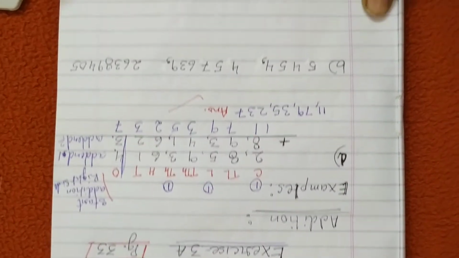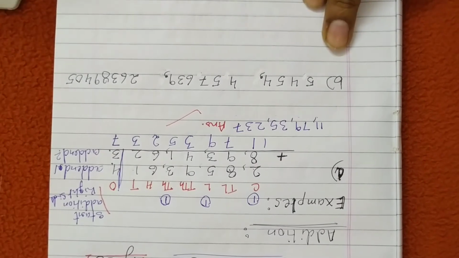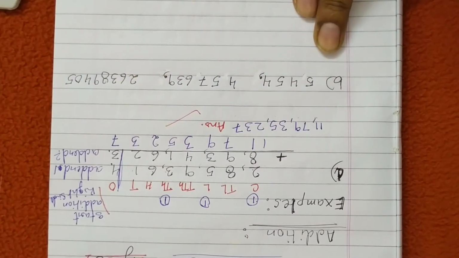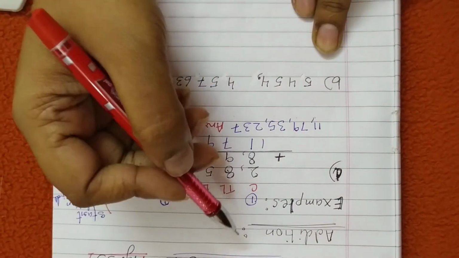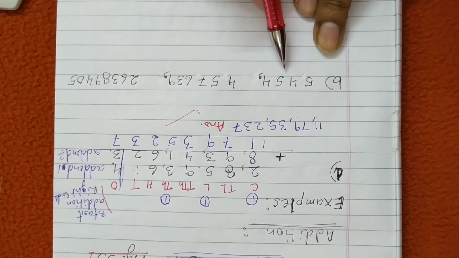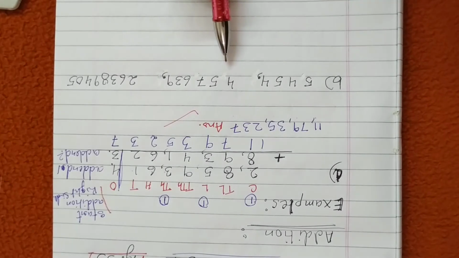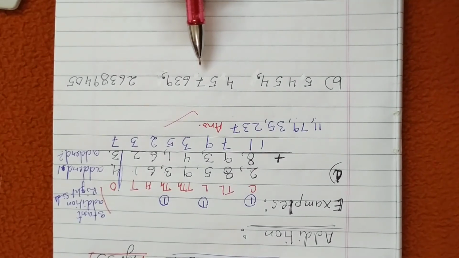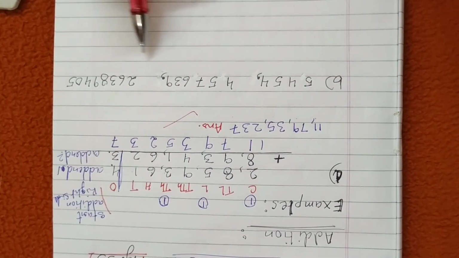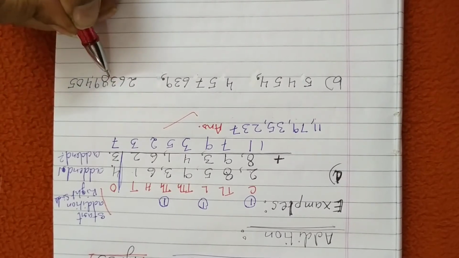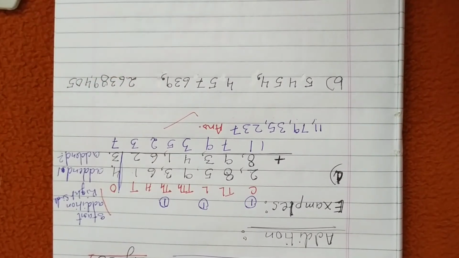Now children, come to the next example, where addition is given with 5,454, 4,57,639 and 2,63,89,405.